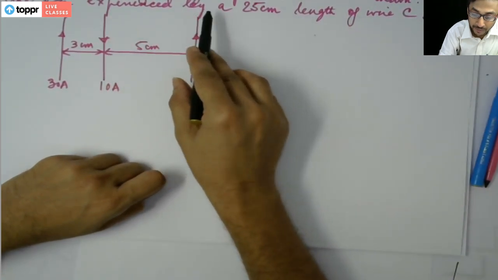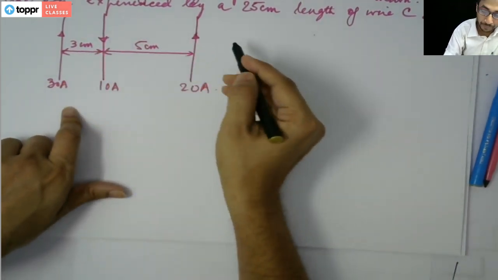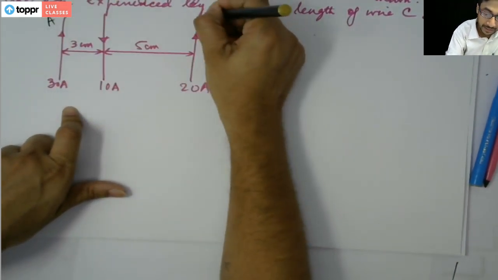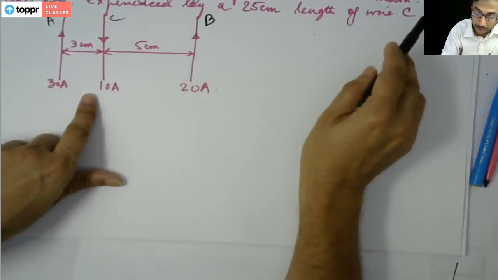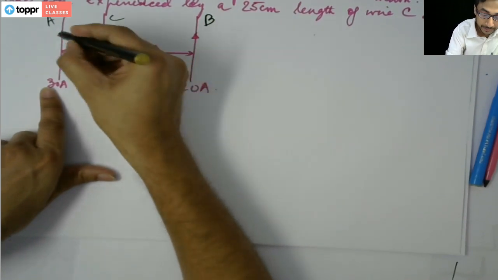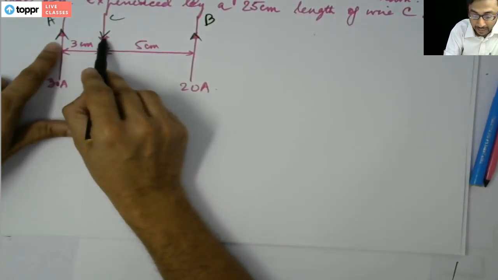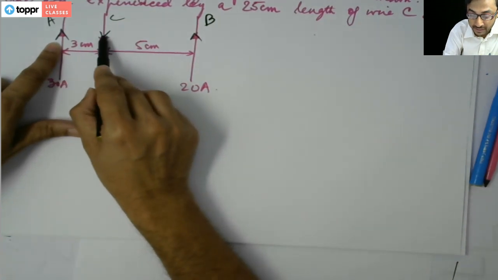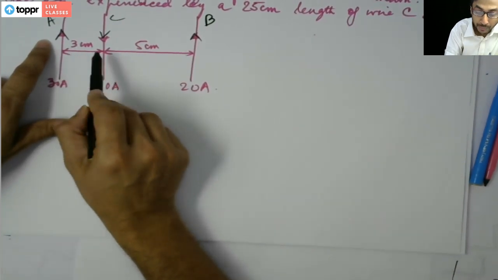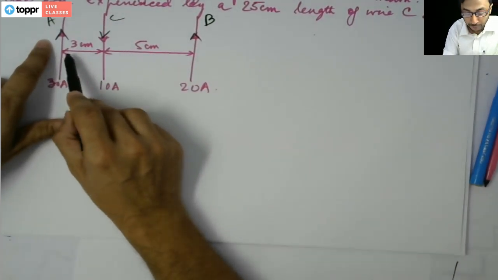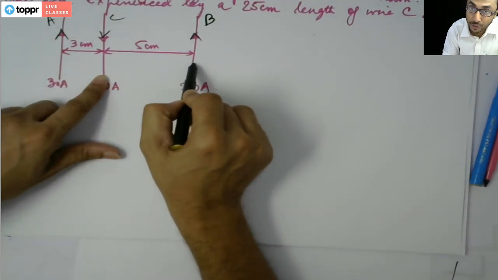Find the force experienced by a 25 centimeter length of wire C. Say this is A, this is B, this is C. Now see, A and C are in opposite directions. C and B are also in opposite directions. So what will be the force? It will be repulsive. It will be repulsive also.